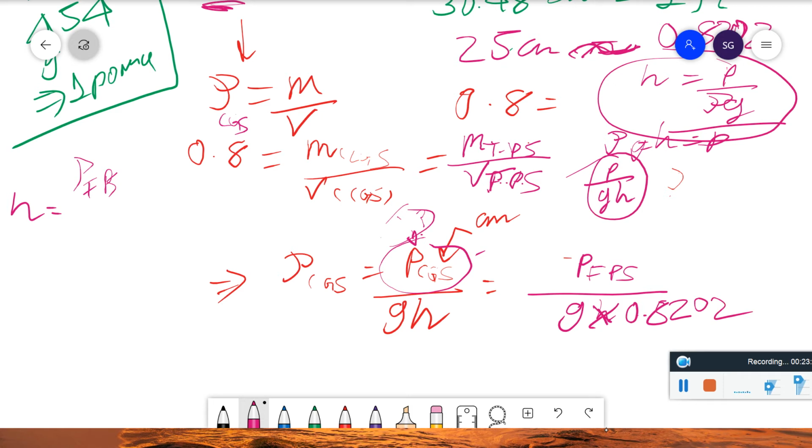And we have got this, and this rho G is, I guess, given. 0.8 is given to us, so this is 0.8. So since it is 0.8 in this, we will find out what its actual value is, and this will give us the rho FPS.